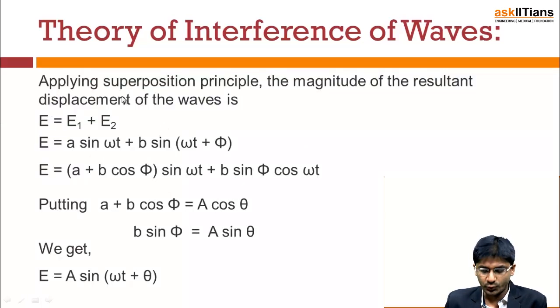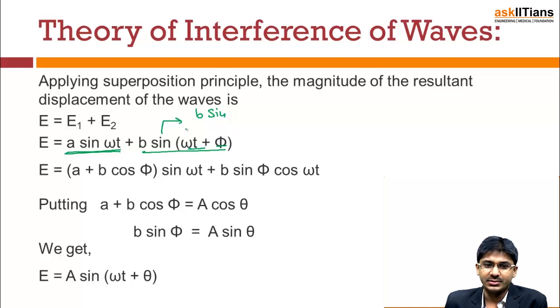Now if we add these two, applying the superposition principle, the magnitude will be A sin omega t plus B sin (omega t plus phi). We are adding these two. Now how can we write this? B sin (omega t plus phi) can be written in this manner.